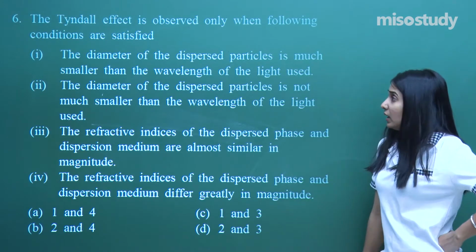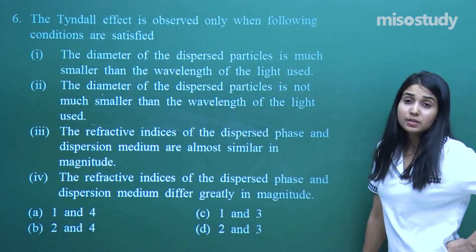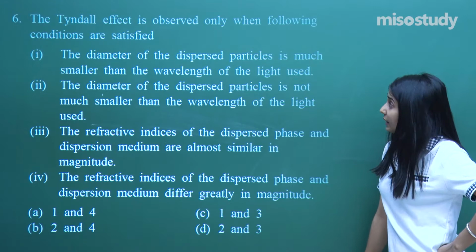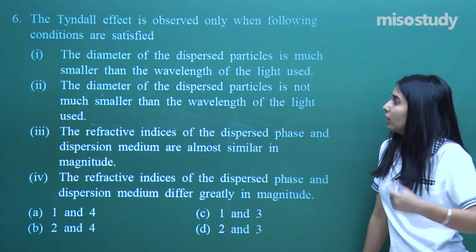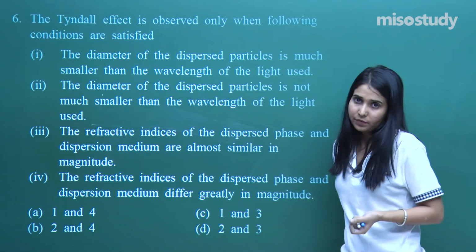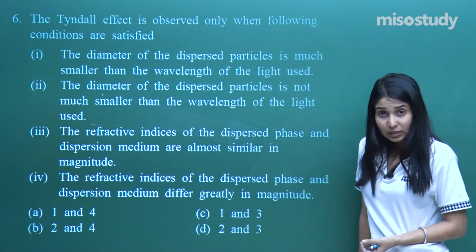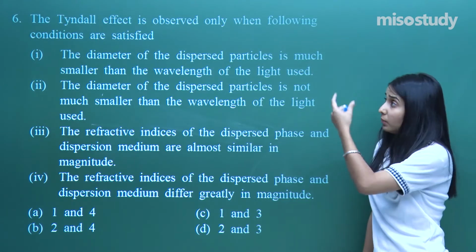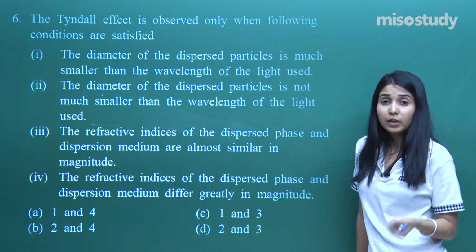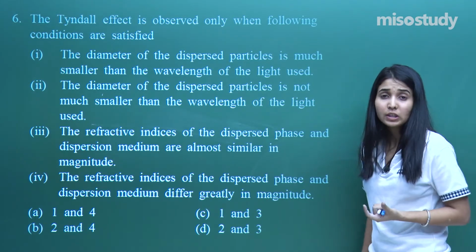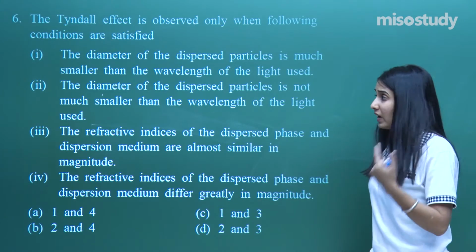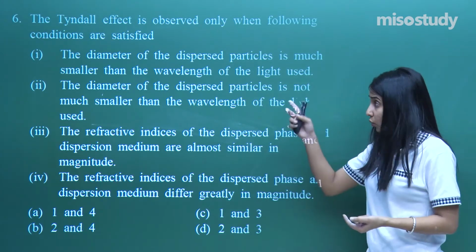Then coming up to the next question, what does it say? It says the Tyndall effect is observed only when the following conditions are satisfied. Now what do I need to do? The first thing, as I always say, when I am reading out the question, I have said Tyndall effect, so the picture of the Tyndall effect should come to my mind if I have to proceed with the question. What does it say?